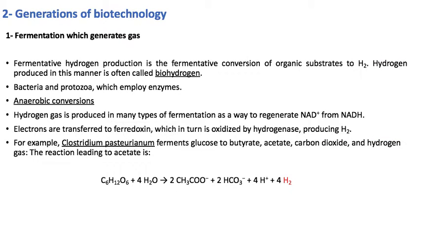Let's begin with the fermentation which generates gas. Fermentative hydrogen production is the fermentative conversion of organic substrate to H2. We call this H2 biohydrogen. The conversion is effected by bacteria or protozoa which employ enzymes.